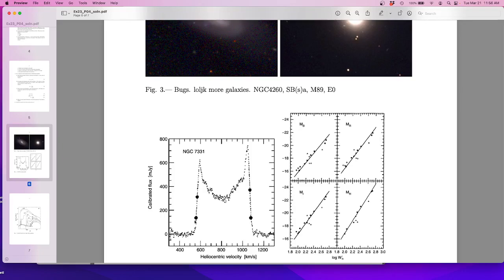The velocity is in this direction. This is vx, and this is vy. What we want is vx, and what we get is the angle of this relative to the line of sight, which is the same as this angle.